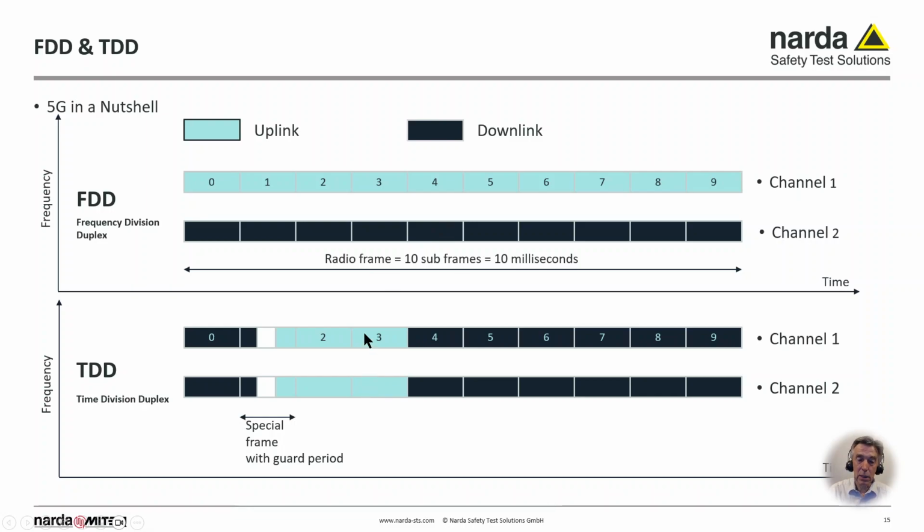With TDD, it's no longer possible because the mobile phone and the base station now are transmitting at the same frequency, only at different time slots. This makes the measurement much more complicated, and here the code selective measurement is a big advantage. Okay, because the code selective measurement makes it fully automatic, taking those effects into account.